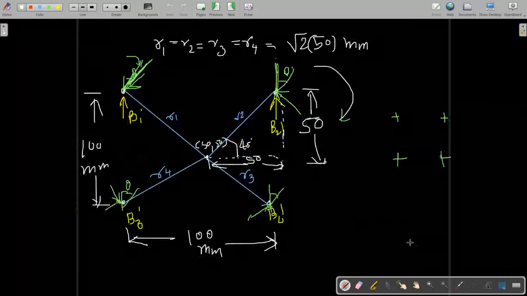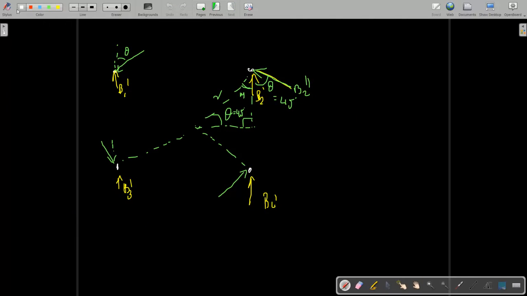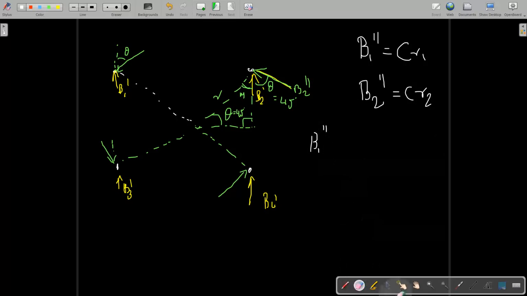Now for the secondary force, write down B1 double dash is equal to C into R1, B2 double dash is equal to C into R2. Now here all the radii are the same, so all the secondary forces will also be the same: B1 double dash is equal to B2 double dash is equal to B3 double dash.